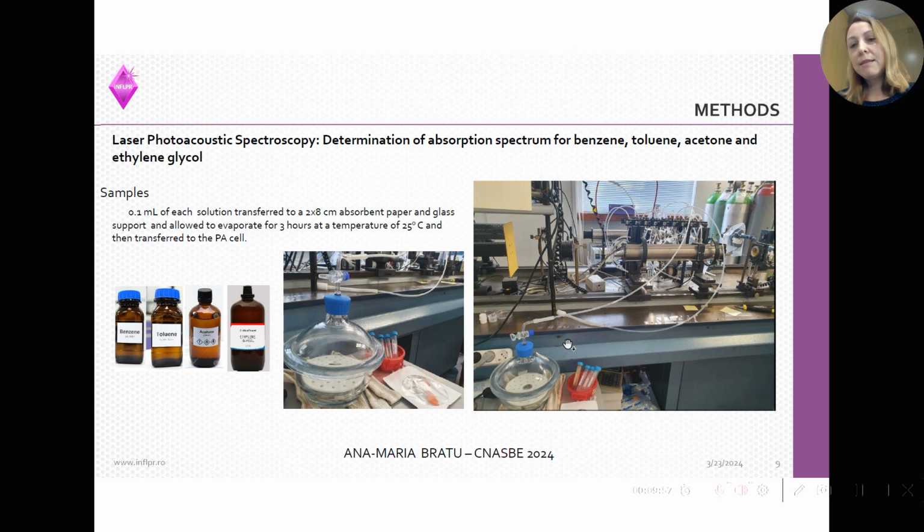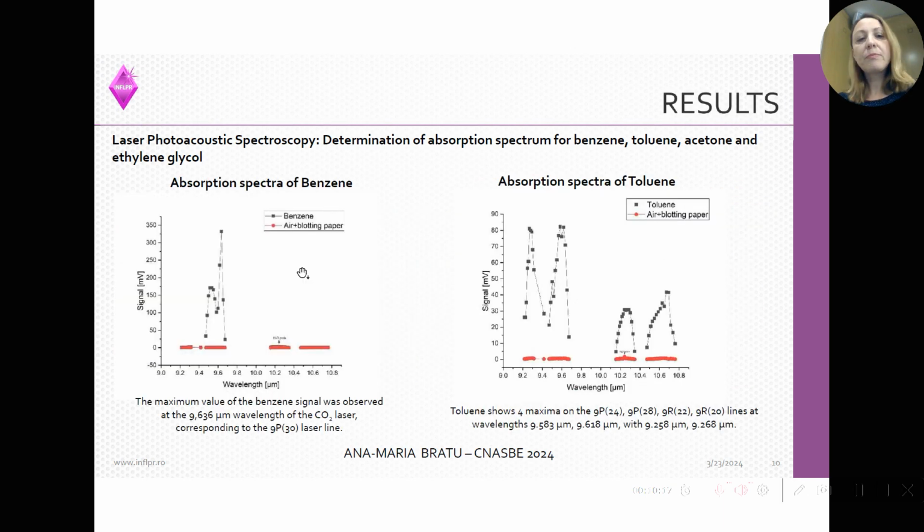After the solution evaporated, we introduce it in the photoacoustic cell, and then we tune our laser on each laser line. First, we do the photoacoustic spectrum of the air to see the difference between the air and our solution.